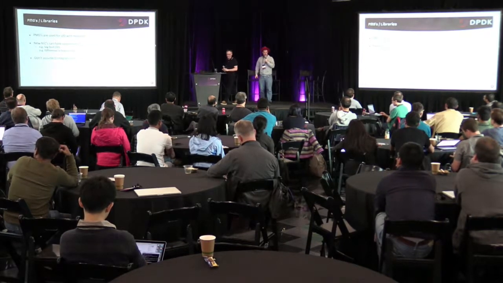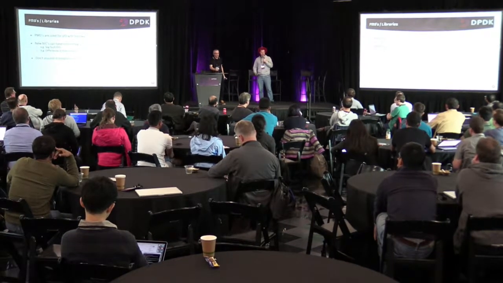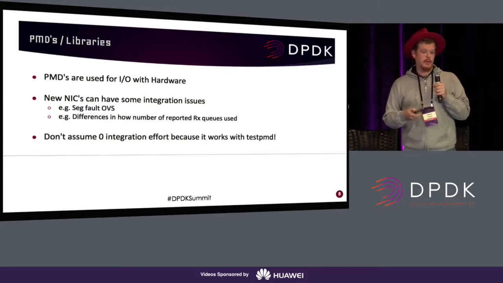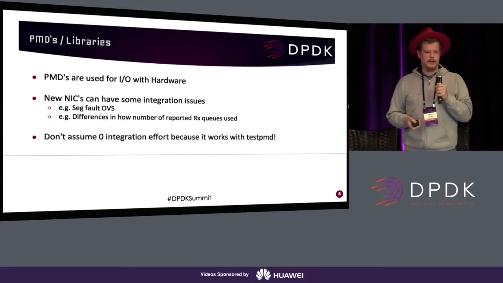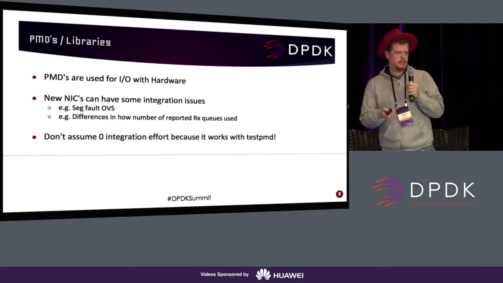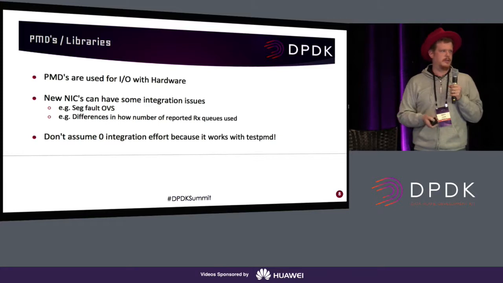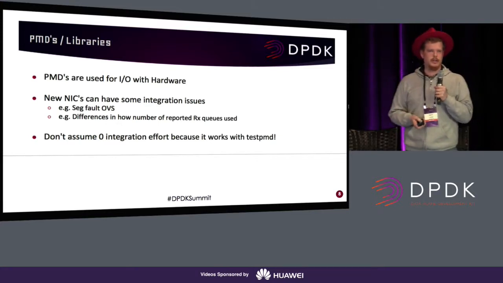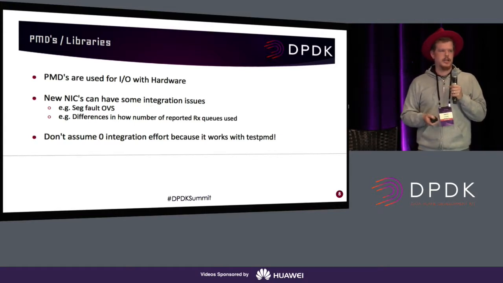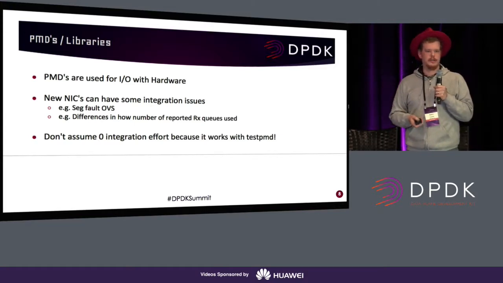Thanks. So, one of the issues that we actually still struggle with: PMDs are used for I/O with hardware. That's good, and we're able to interface with the PMD library, no problem. One of the ongoing issues is that there can be integration issues with new NICs.